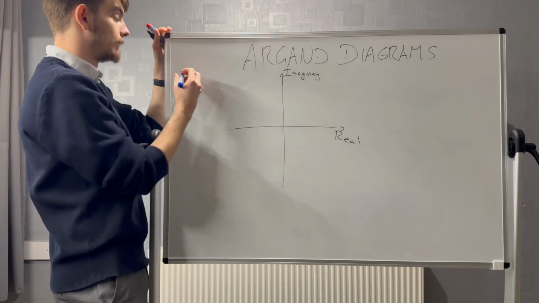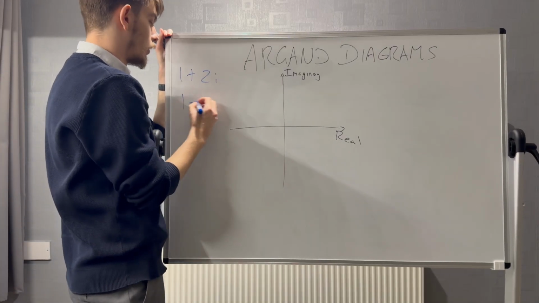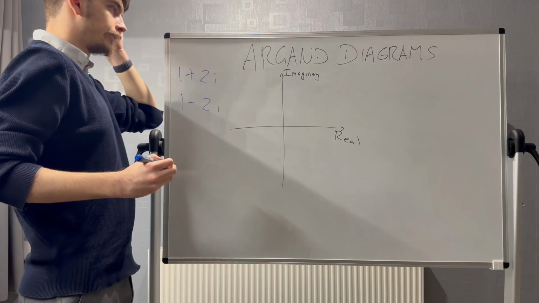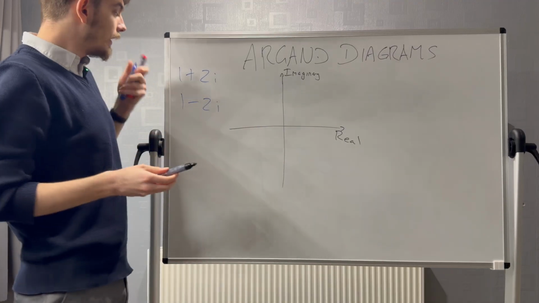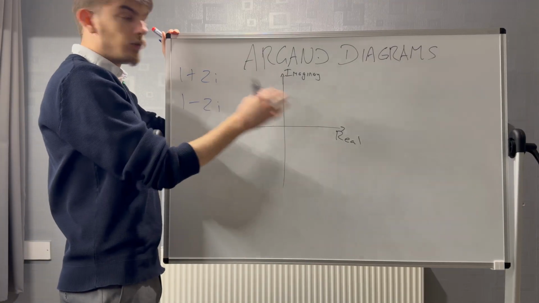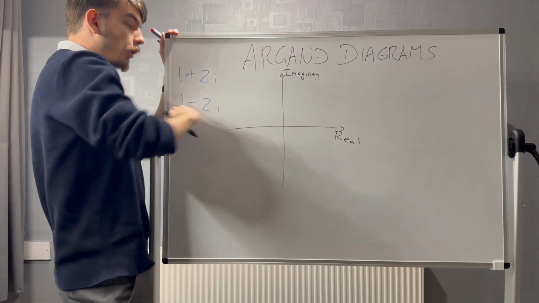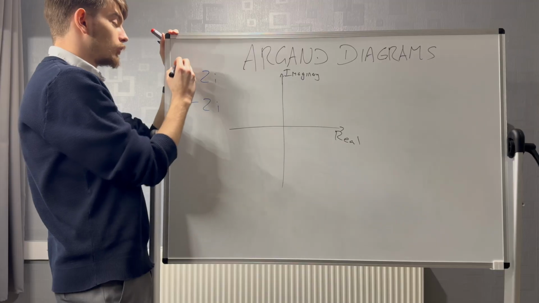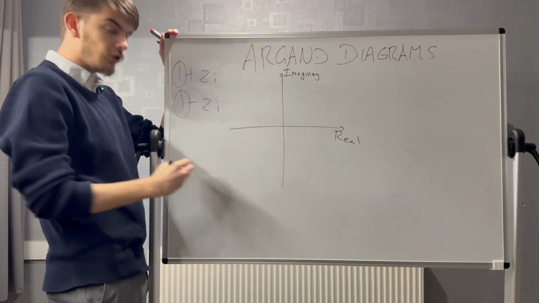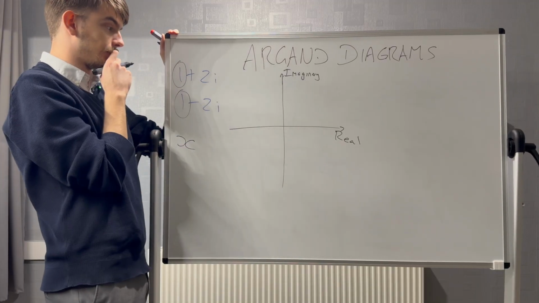And it's relatively simple to get your head around how to draw things on here. So going back to my 1 plus 2i and 1 minus 2i, I need to relate these to my axes. So I know that my real axis is on the x, so these values here are essentially my x values.